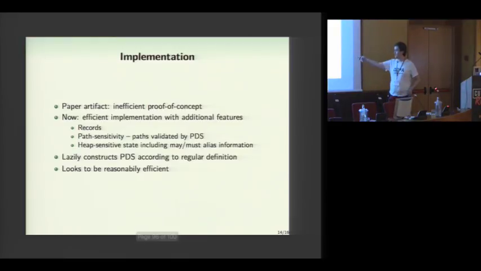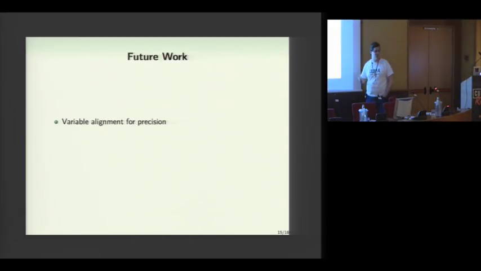Okay? So far, it looks to be reasonably efficient, although I should point out that's not something that came from our paper. That's work we're doing right now. So in the future, we're working on a sort of variable alignment refinement so that when you look up variables, they actually have something to do with each other.